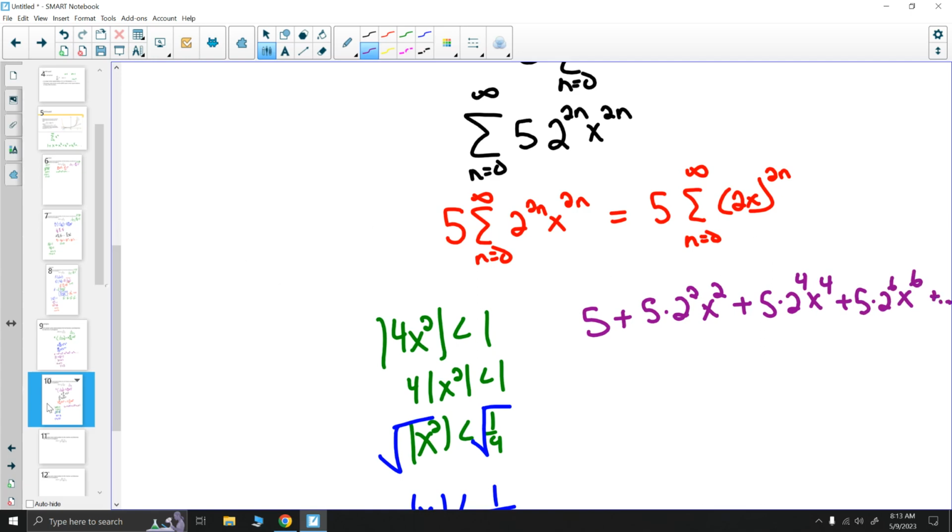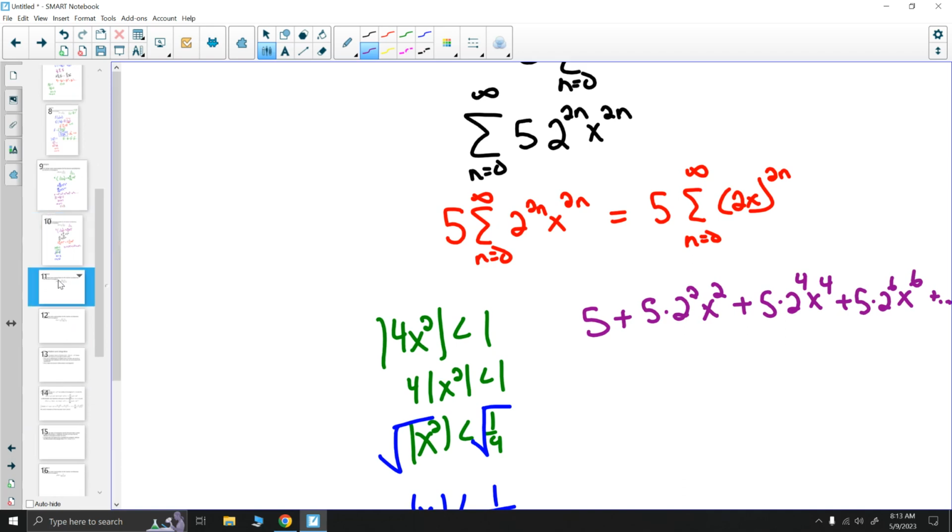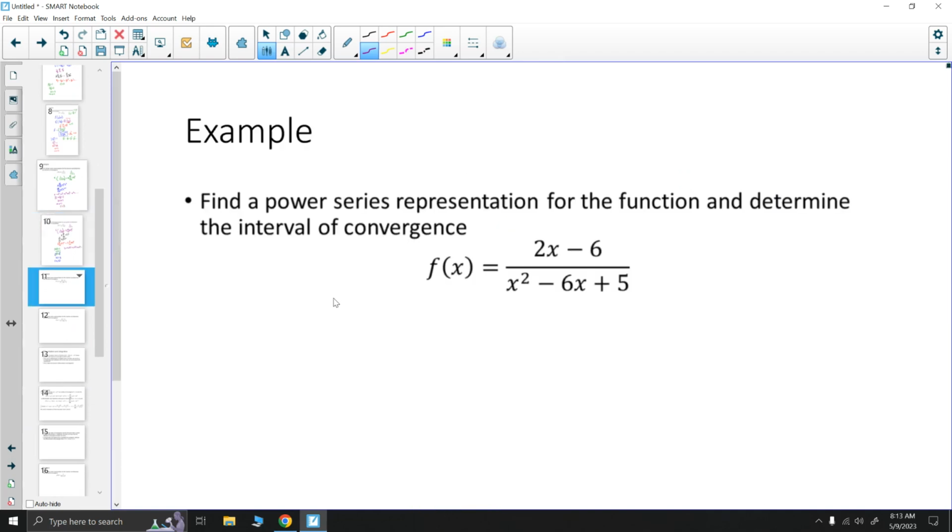All right. Let's take a look at another one. Now we have 2x minus 6 over x squared minus 6x. We want to write this thing as 1 over 1 minus something. We have a problem here. The first problem is that we can't do that with this in this form.